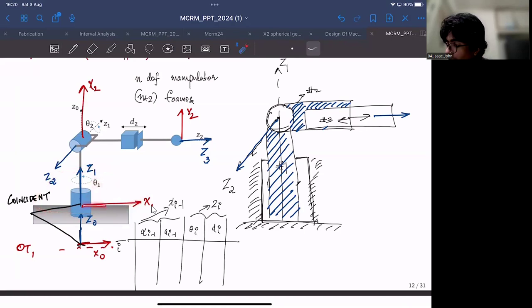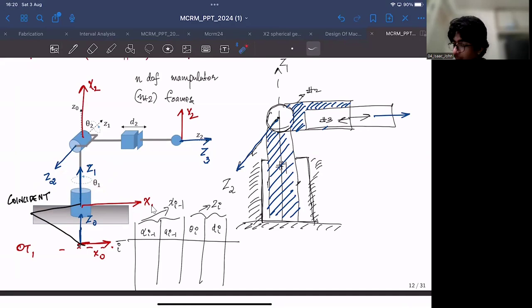It need not always be like this. The x1 will rotate about Z1 as link one also rotates, so it can be anywhere along that horizontal plane.